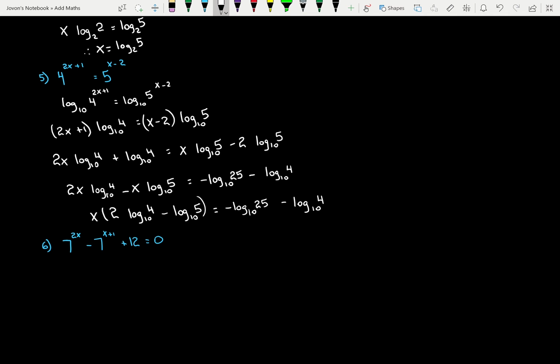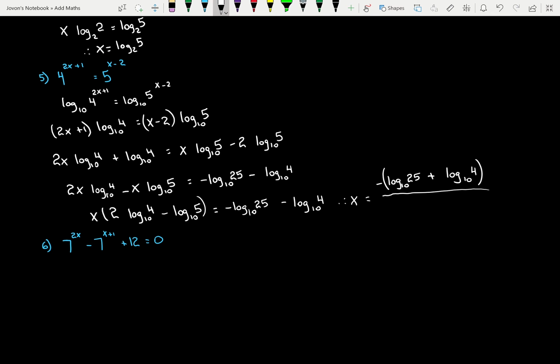Okay, and therefore we'll have x is equal to minus log 25 to base 10, I'll factor the minus sign, and it becomes plus here, log 4 to base 10, all divided here now by what we have here now.